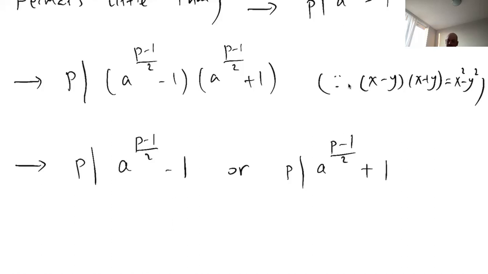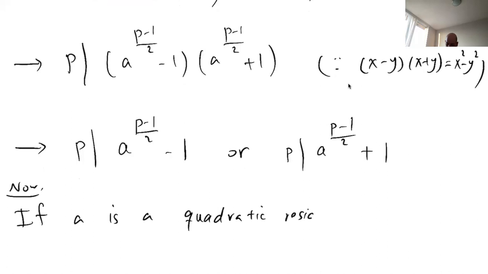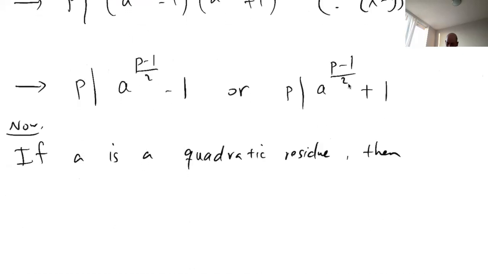Okay, now if A is a quadratic residue, what can I say? If A is a quadratic residue, then A will be equal to some B squared, right?